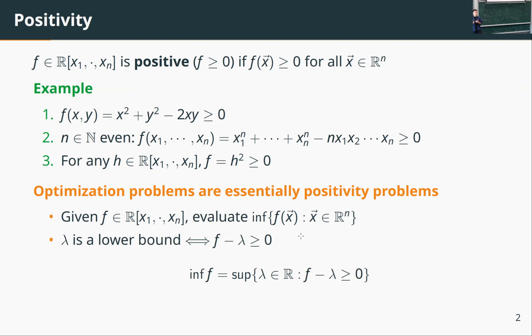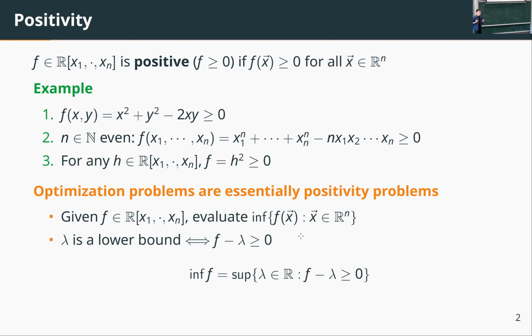If lambda, a real number, is a lower bound of the minimum, it means that f is always greater than lambda, meaning that f minus lambda is a positive polynomial. So the minimal value of f is essentially the maximum value of lambda such that f minus lambda is positive. So if you have an algorithm to solve the positivity problem, then you have an algorithm to solve some optimization problems. Of course, this is just a toy model.